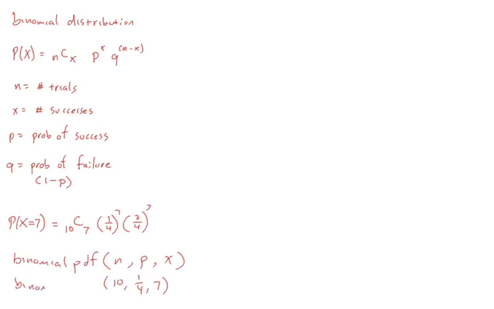And let me just write this in here. So for us, our n would be 10, our p would be 1/4, that we get one of the questions correct. And then x is going to be how many we actually want correct in this case. On our calculator, you hit second distribution, and then you're going to see a whole bunch of them. And if you scroll down, you'll see binomial PDF. That's for the 84.